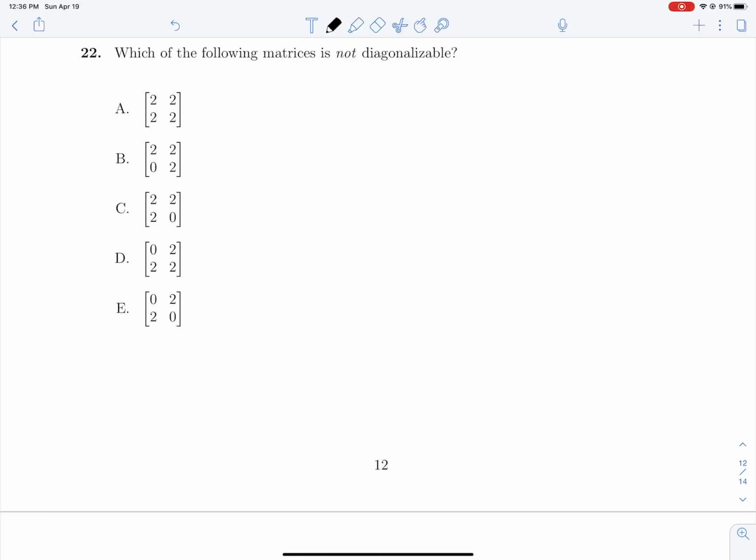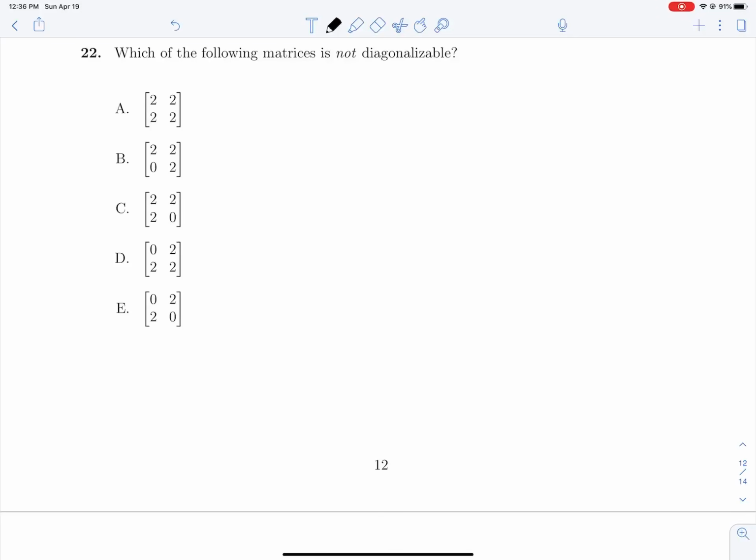So if the eigenvectors can span R^n, then we can create some eigenbasis out of those eigenvectors and rewrite things in a diagonalized form. So let's solve some of these.